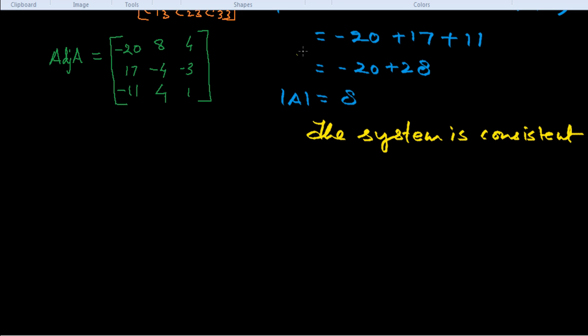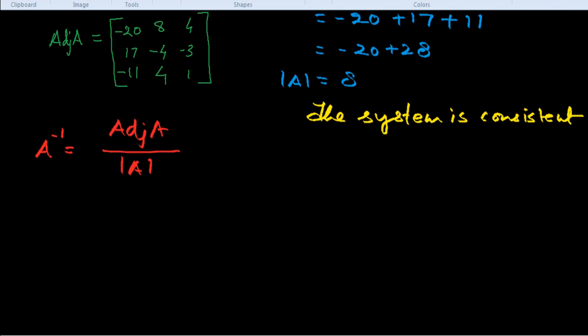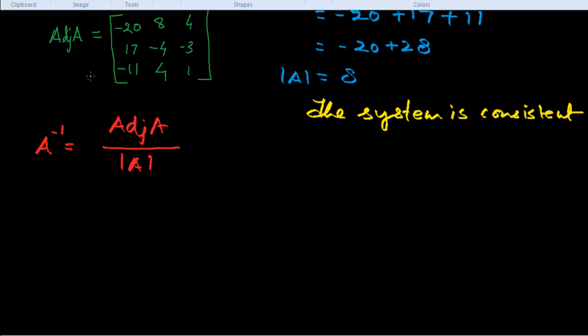Now we have to find the inverse, A inverse. A inverse is equal to adjoint A over determinant of A. So we divide this adjoint A matrix by 8.